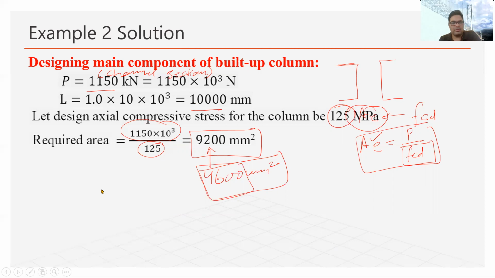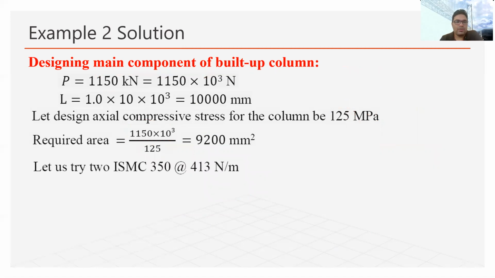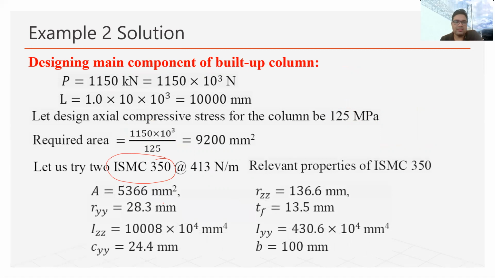I have already explained the process of selecting sections from the steel table. From the steel table, we find that ISMC 350 has more than the required area, and the relevant properties of ISMC 350 are these.